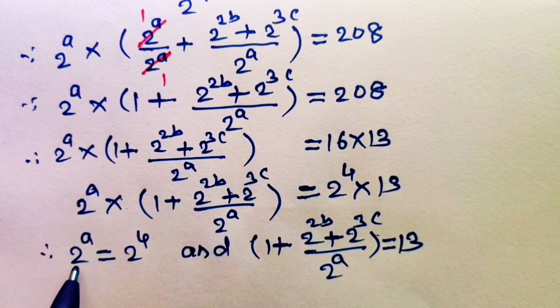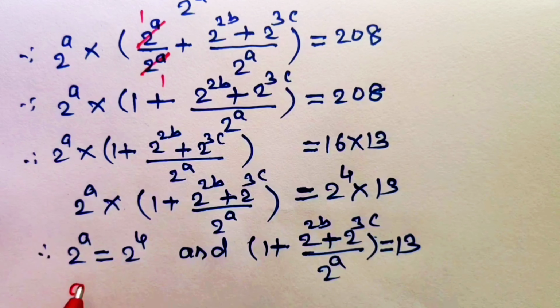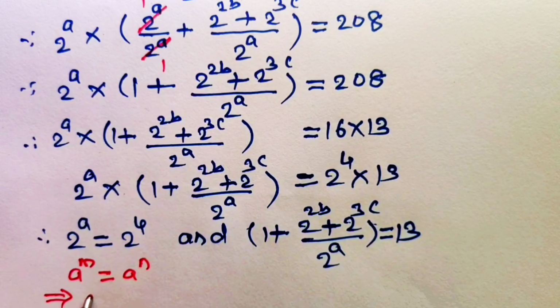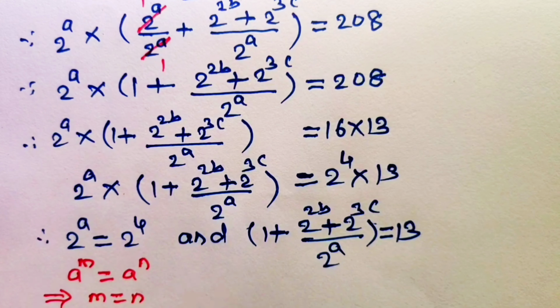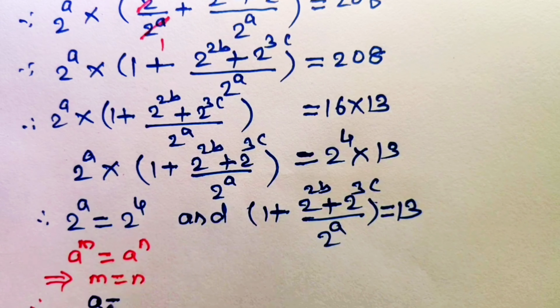Now here in this case, since we know a to the power m is equal to, suppose, a to the power n, here the base is same, this implies m is equal to n. Hence applying this property of laws of indices, we can write a is equal to 4.